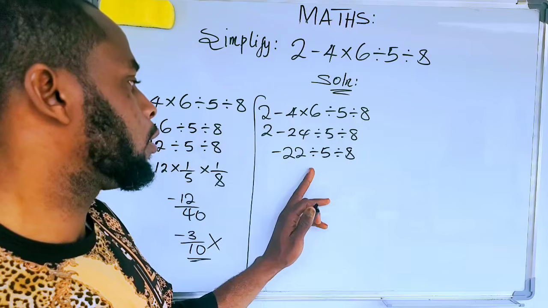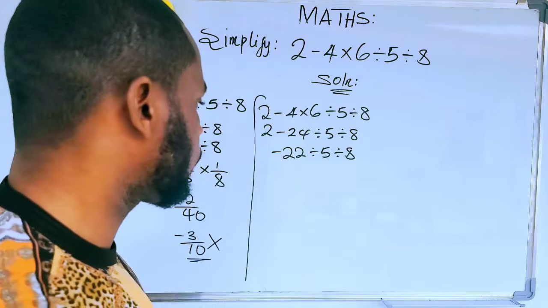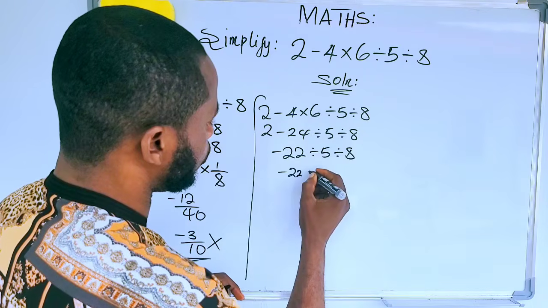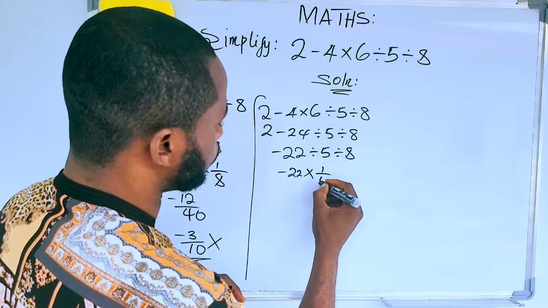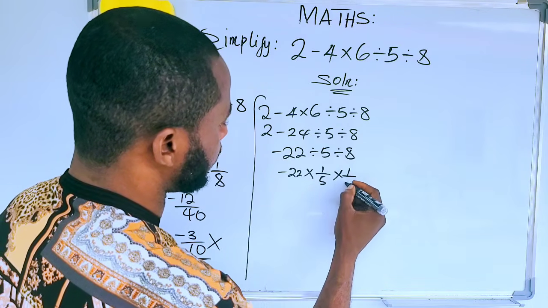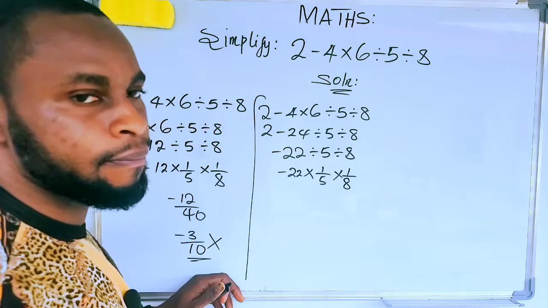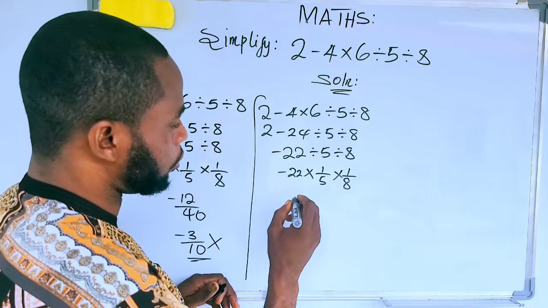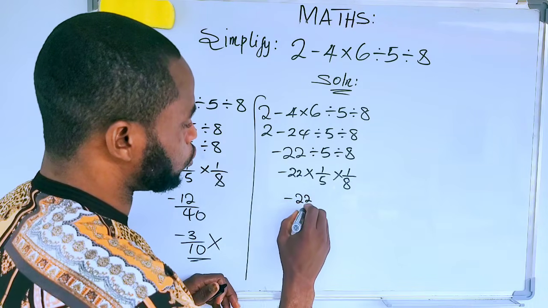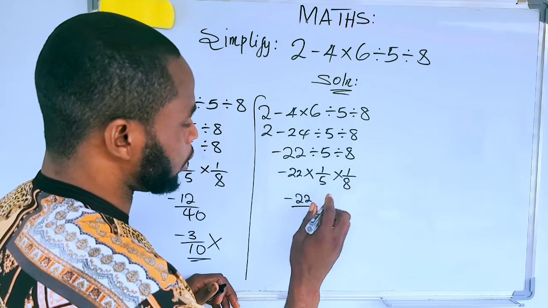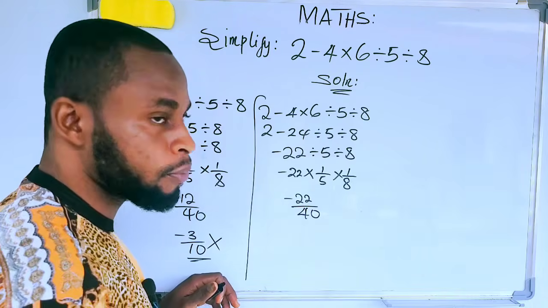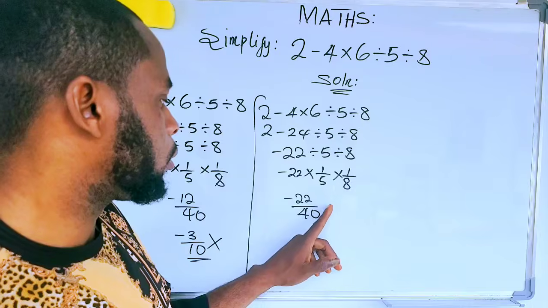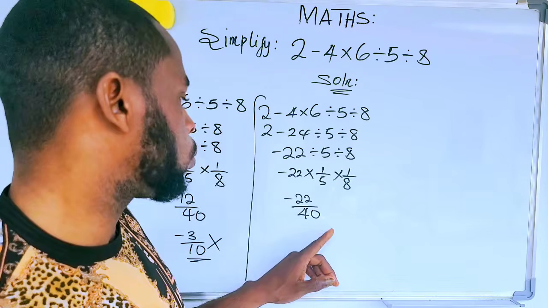Then here, still apply KCF. We have minus 22 multiplied by 1 over 5 multiplied by 1 over 8. At this point, if we multiply this out, we have minus 22 divided by 5 times 8, that is 40. But right here, we are going to divide both the numerator and the denominator by 2.